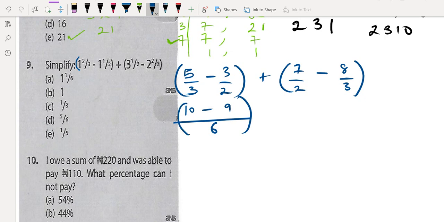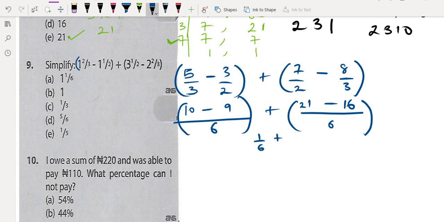Right? Yes. Plus what? LCM, 6. 2 into 6, 3, times that, 21. 3 into 6, 2, times that, 18. 3 into 6, 2 times 8. And what's happening? 10 minus 9, 1, over 6.